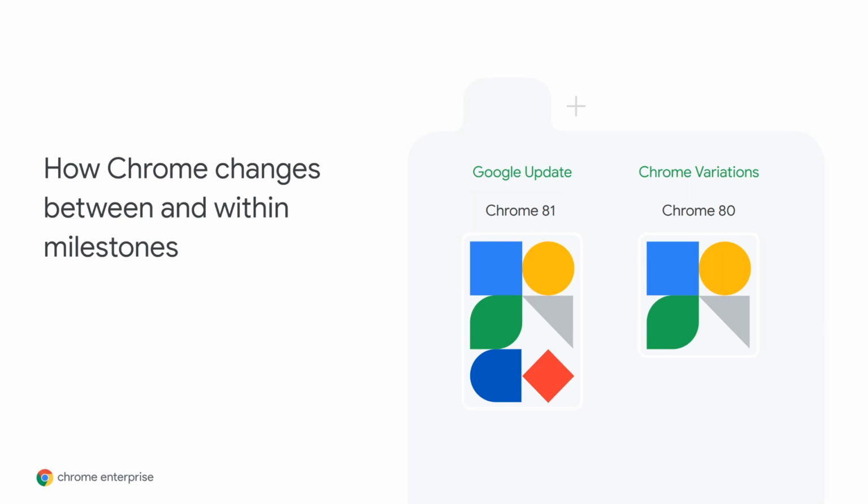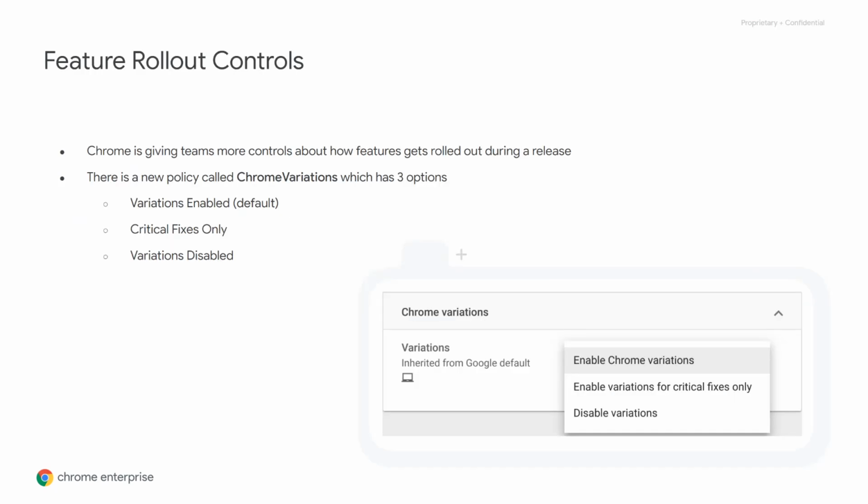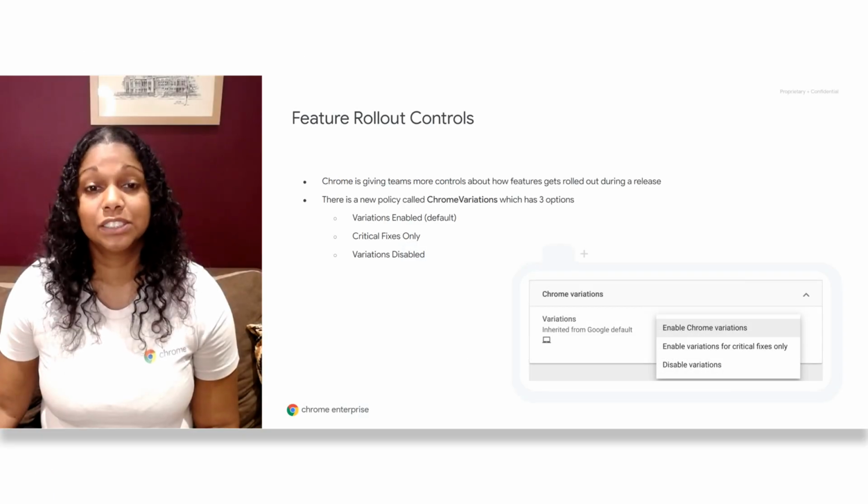Look at the triangle shape on the right. With Chrome Variations, we can quickly turn that individual feature on, off, and on again as needed. We've recently released a new policy to help you control this behavior. There are three options which I'll run through in detail: variations enabled, critical fixes only, and variations disabled.